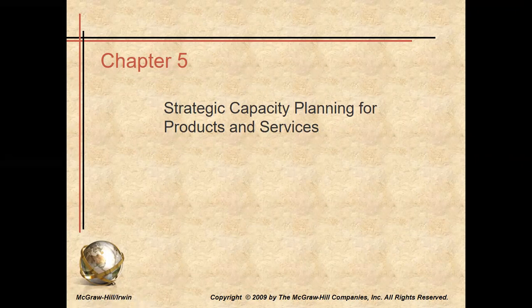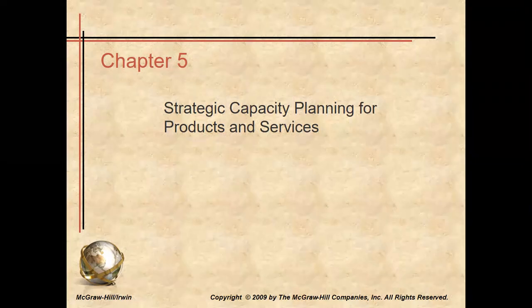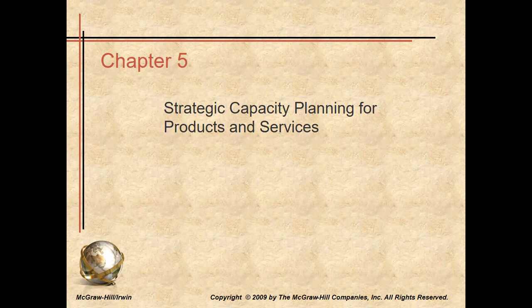Today is our week six, and this is our chapter 5. This is about strategic capacity planning for product and service. When we hear this title, we want to design our capacity so that our production capacity is in good condition and optimum.